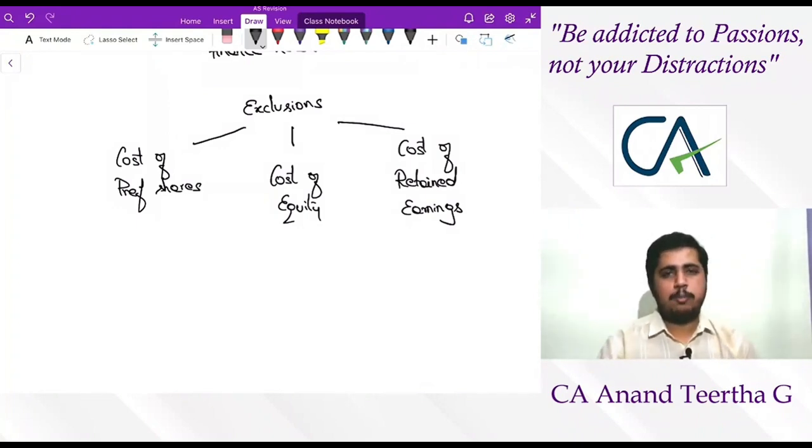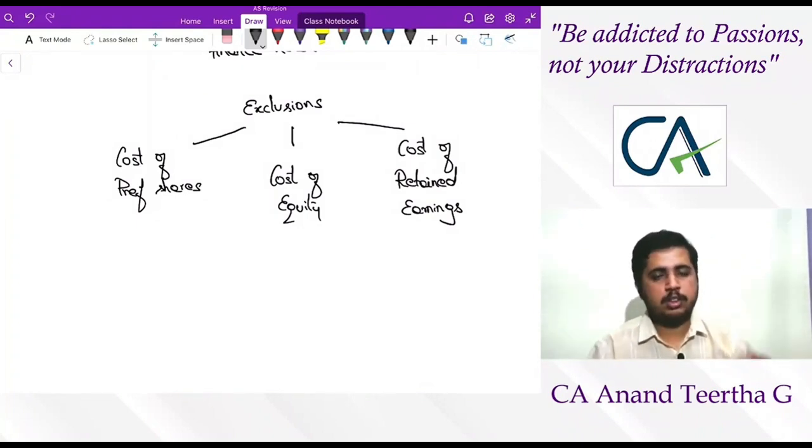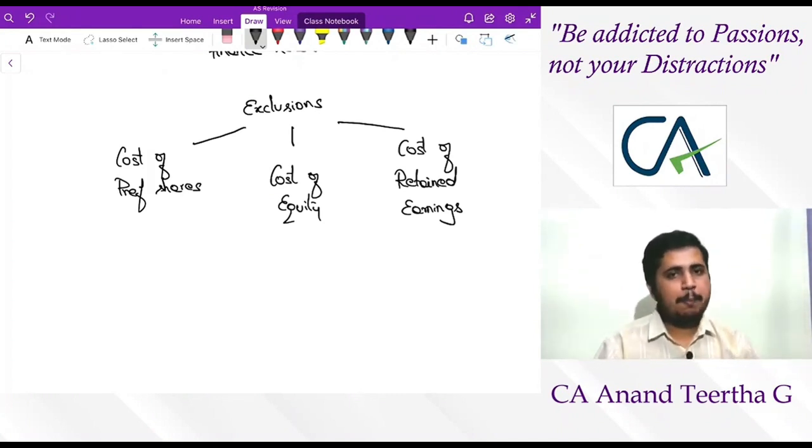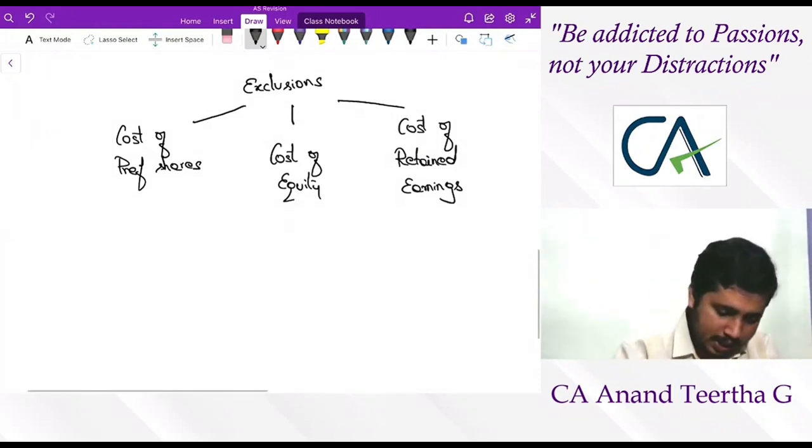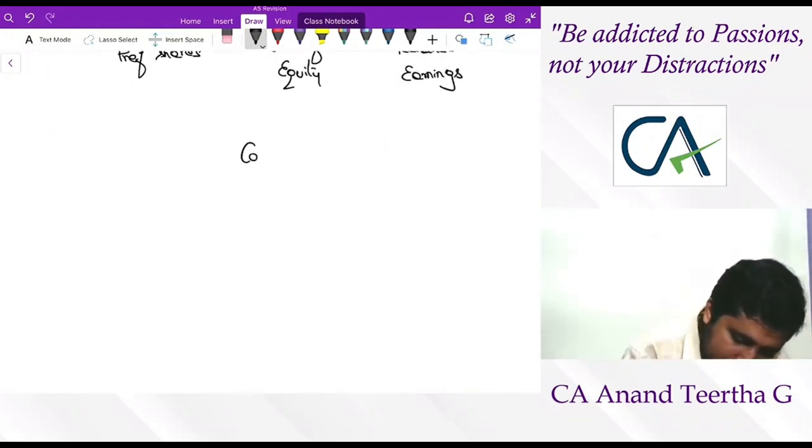Now, once we know about the elements of borrowing cost, the next part is, as I have already told you, that the major impact of this standard is to tell whether it can be capitalized or whether it should be transferred to revenue. So for that, capitalization comes into effect.